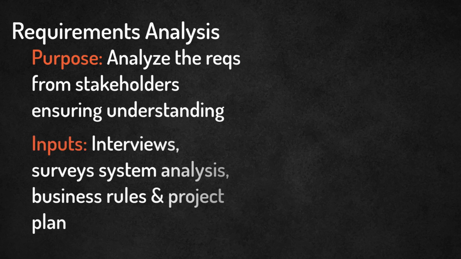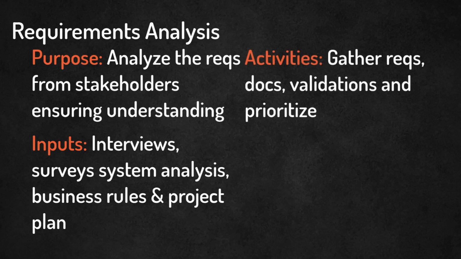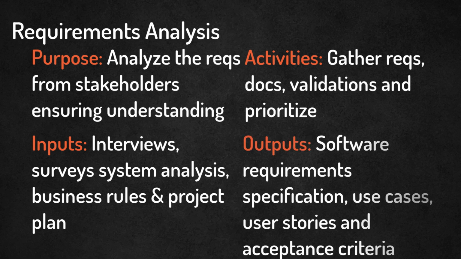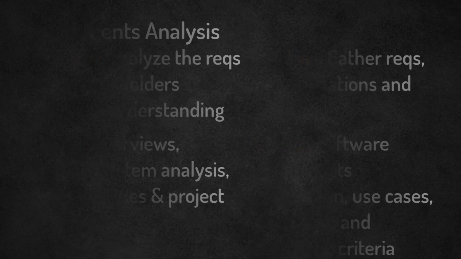The inputs are going to include stakeholder interviews, surveys, existing system analysis, business rules, and a project plan. The activities will involve requirements gathering, documentation, validation, and prioritization. The outputs are going to be the software requirement specification, use cases, user stories, and acceptance criteria.